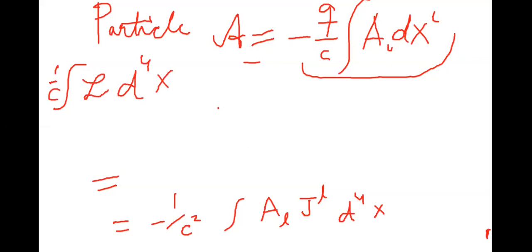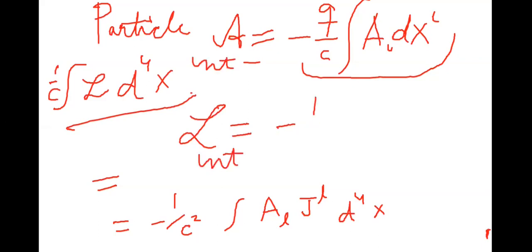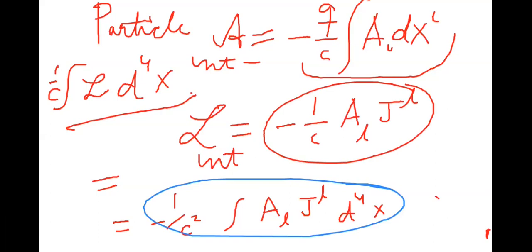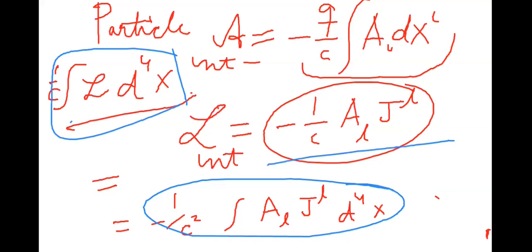So if you compare this with our expression that we have now got, you can immediately see that this Lagrangian, which was due to interaction only, is minus 1 over c, and then al jl. So just extract this quantity, okay? Because you know this relationship that the action has to be this, and this is just the interaction part. So we got the same term which we were using in our Lagrangian for the fields.